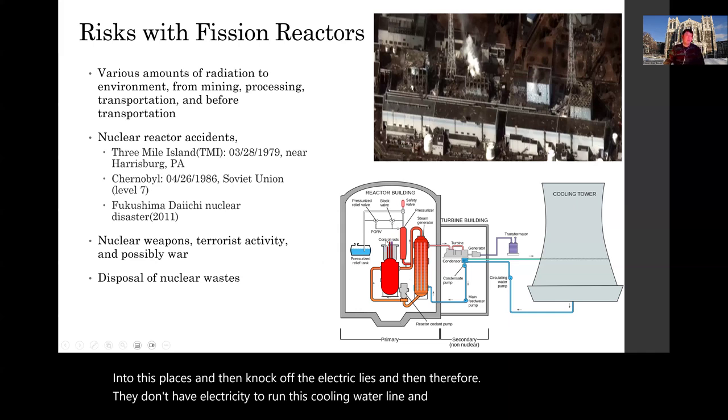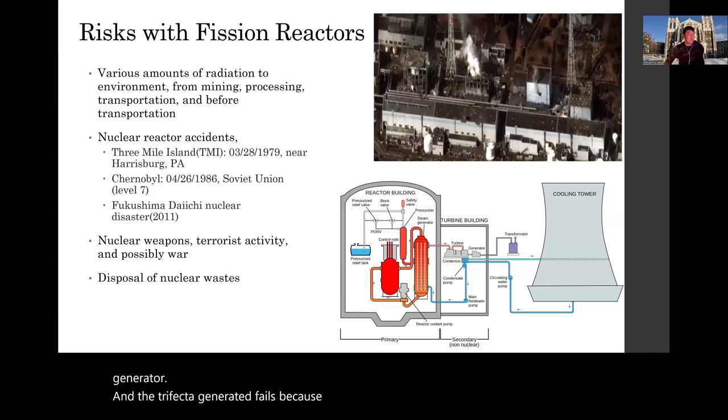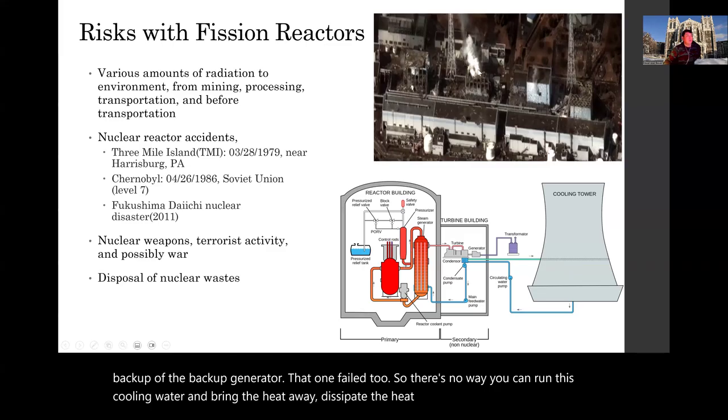They had a backup generator, and it failed because water went into the basement. There was also a backup of the backup generator, and that failed too. So there was no way to run the cooling water and dissipate the heat. Therefore, the core melted down.